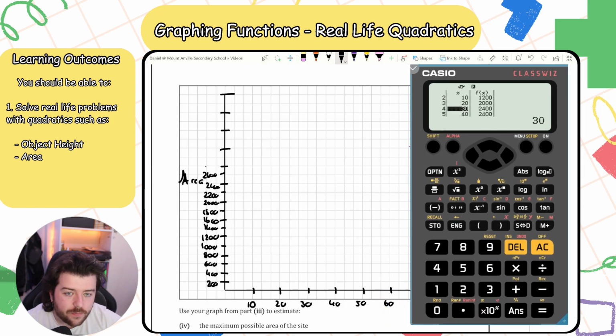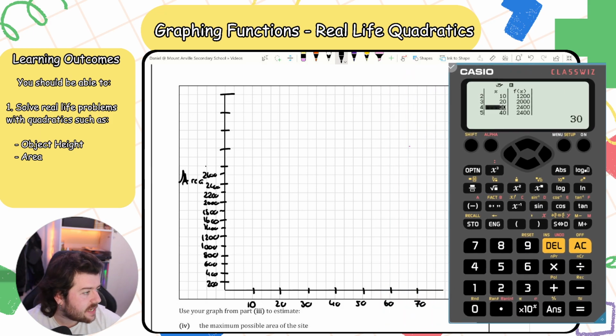My first point is 0, 0. So when x is 0, my area is 0. That makes sense. When my width is 0, my shape is going to be 0. 10, 1,200. So when my width is equal to 10, my area is equal to 1,200.